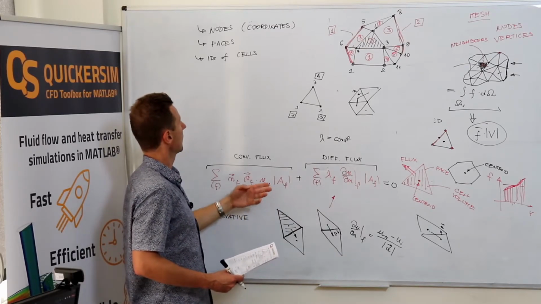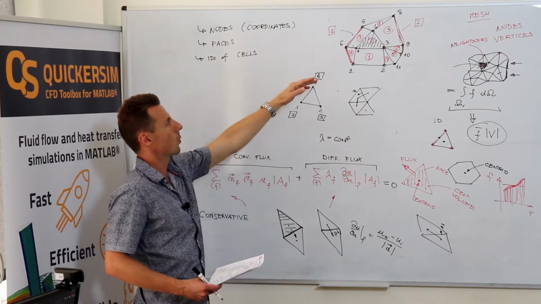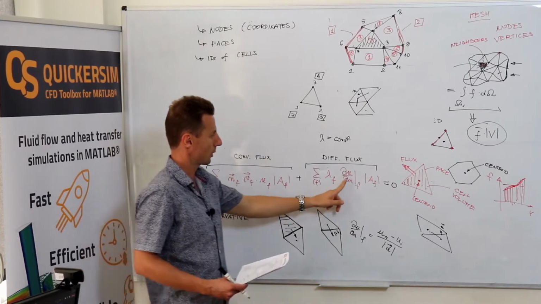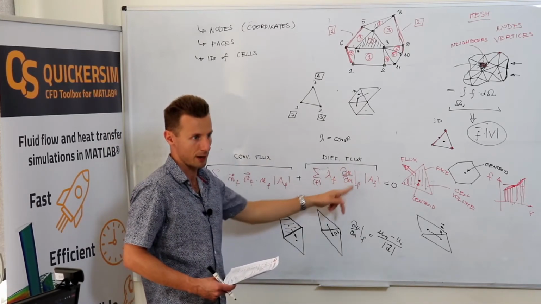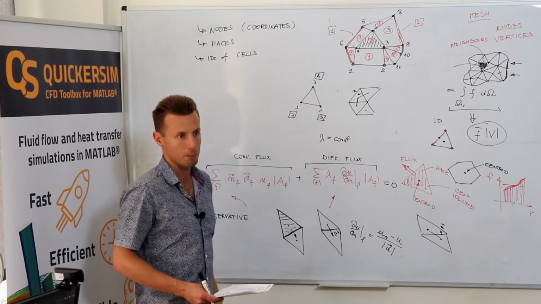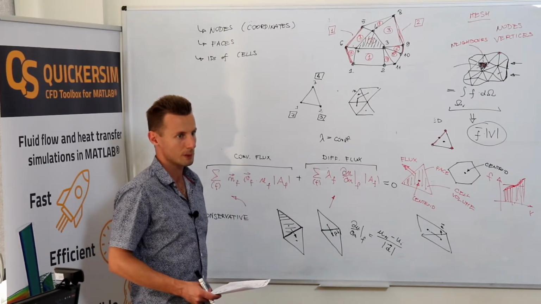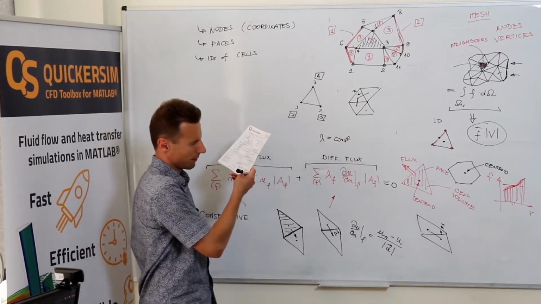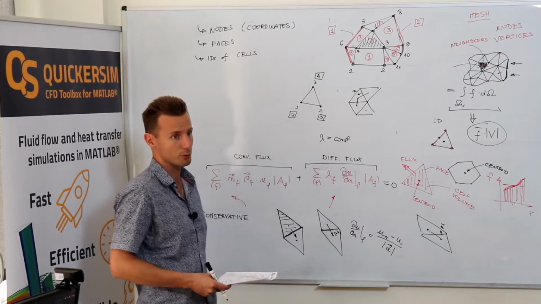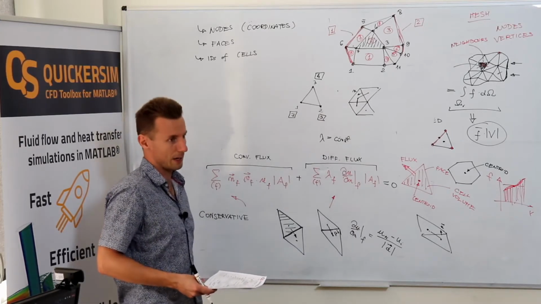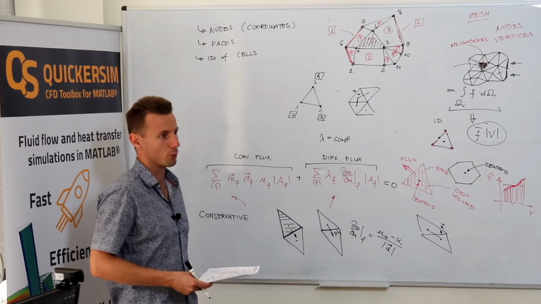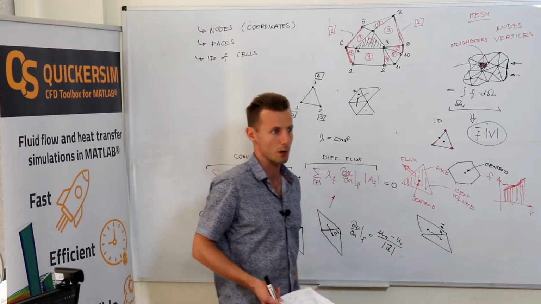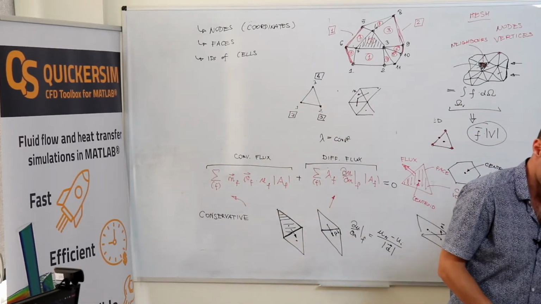And you need to know from the faces which cell is on the left-hand side and on the right-hand side to, for example, calculate this gradient, but that's it. Something that is very difficult to imagine in the finite element method. In finite elements, you would work with nodes and elements. In finite volume, you can work with nodes and cells, and that's already good, but you can also work with nodes and faces, and that's just as good.